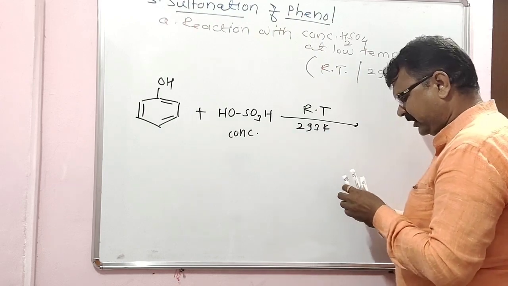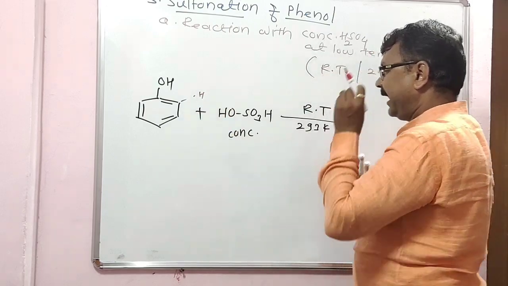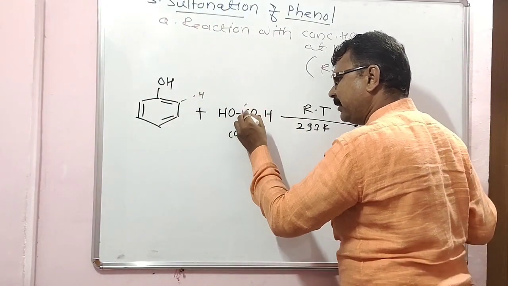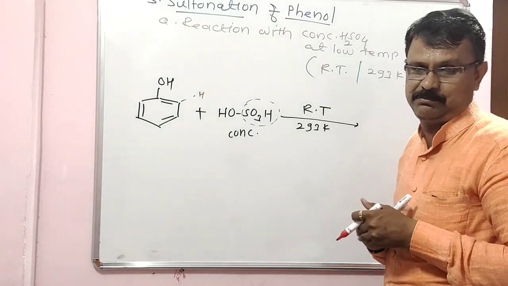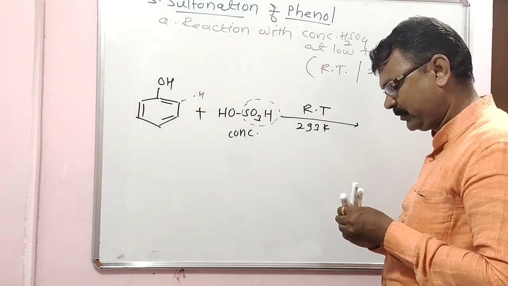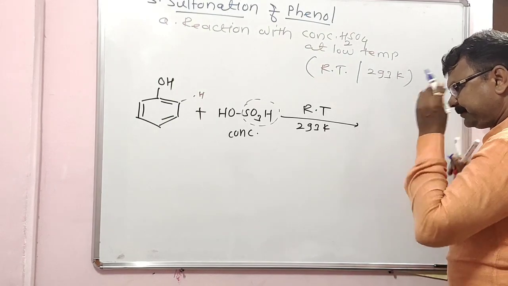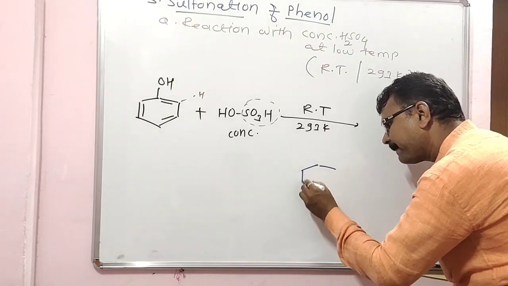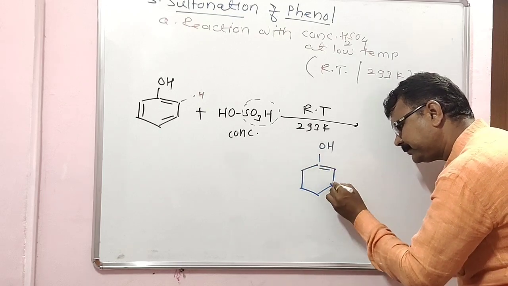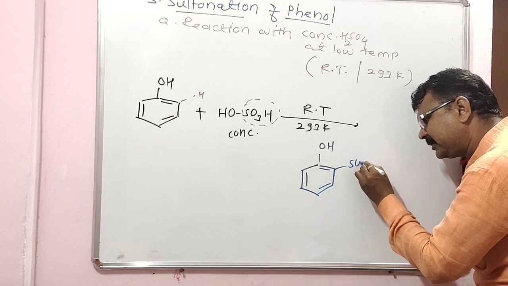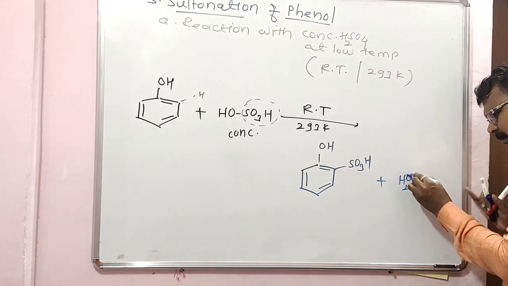Look here, in this reaction a H is replaced by SO3H, the sulfonic acid group. The product is like this: OH, SO3H plus H2O.